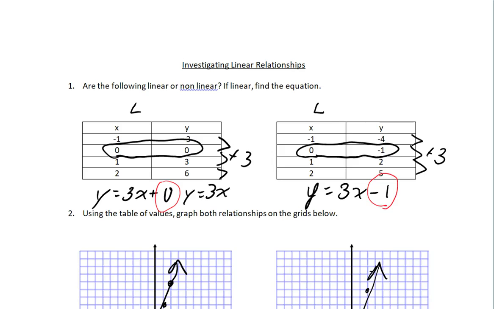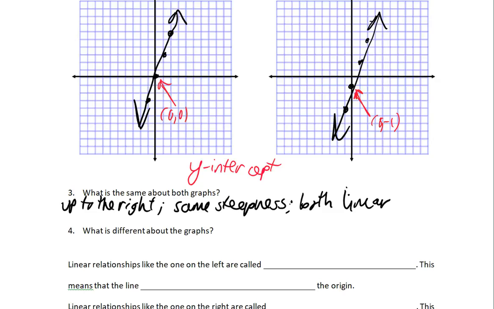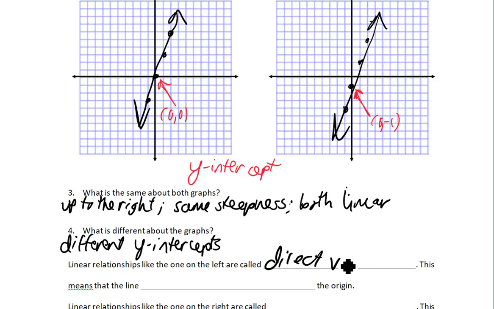So if we come back to here, the difference between these graphs then is they have different y-intercepts. So the ones on the left that go through 0, 0, these ones are special lines called direct variation.